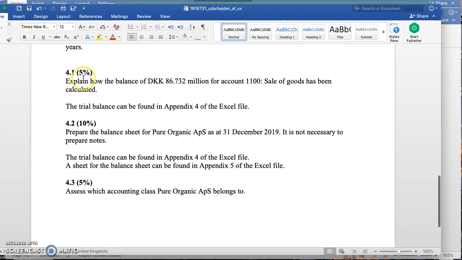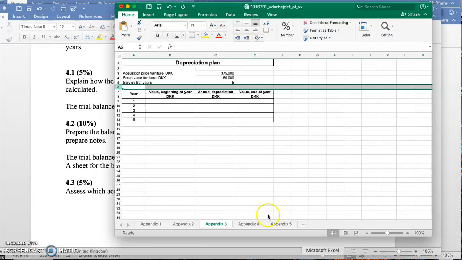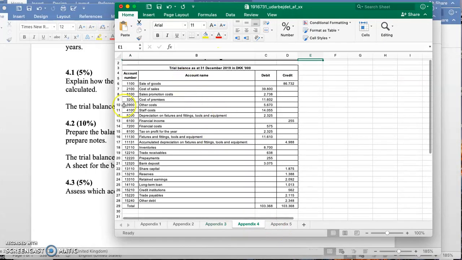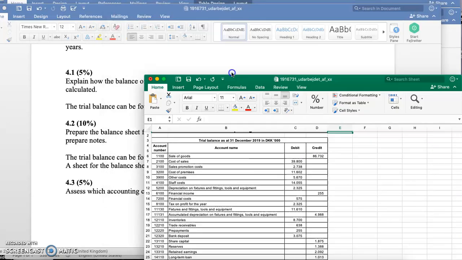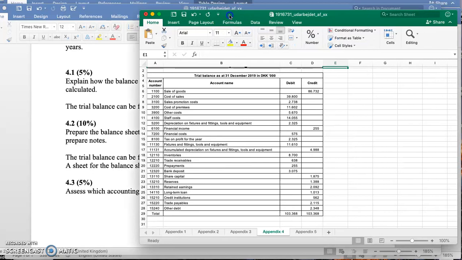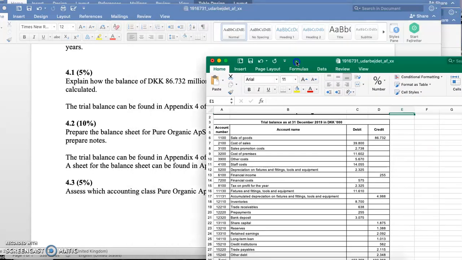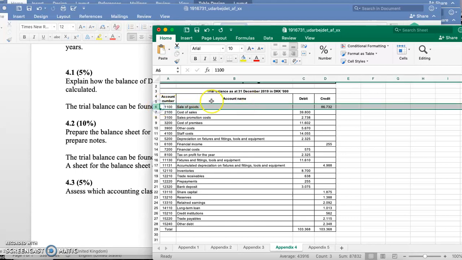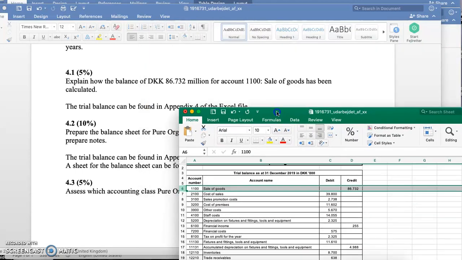Okay, in 4.1, explain the balance of DKK in the account. A sale of goods has been calculated. The trial balance can be found in Appendix 4. So here you need to explain the balance for the account. Okay, what does this actually mean?